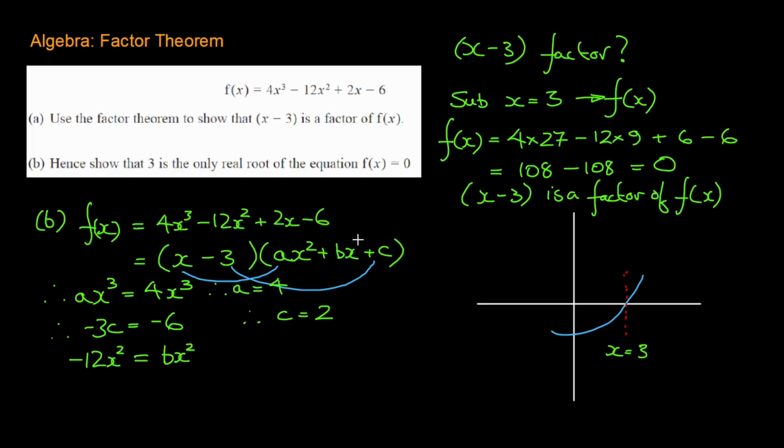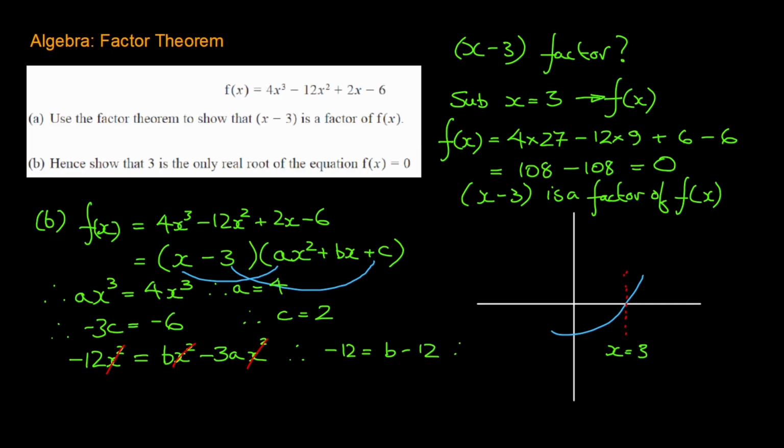Going on, x times c, no, now the 3. Yes, this one produces another x squared term. So this is negative 3ax squared. We can knock out all the x squareds and get, therefore, negative 12 is equal to b minus, a is 4, so this is negative 12.